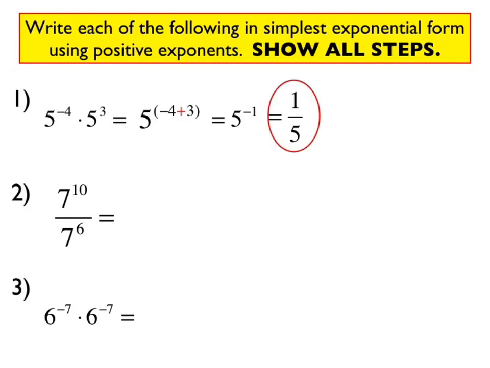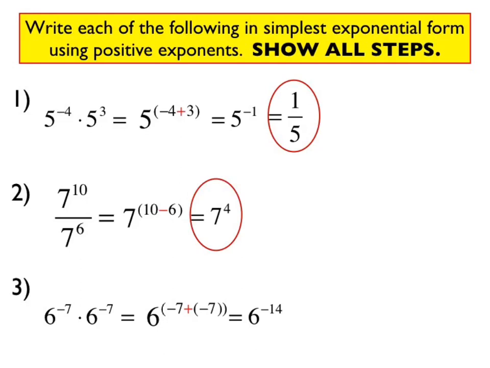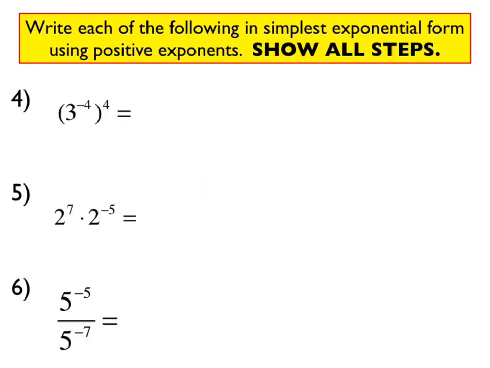When we are dividing exponential expressions with the same base, we subtract the exponents. So that ends up becoming 7 to the 4th. When we, once again, multiply expressions with the same base, we add exponents. So that turns into 6 to the negative 14th power. But we cannot leave it like that, so that should be 1 over 6 to the 14th.